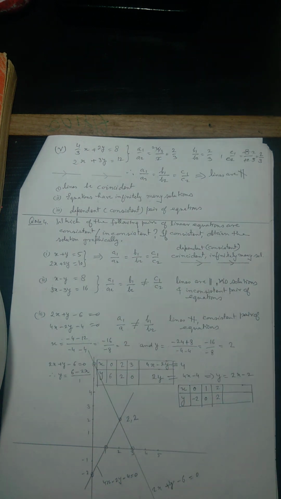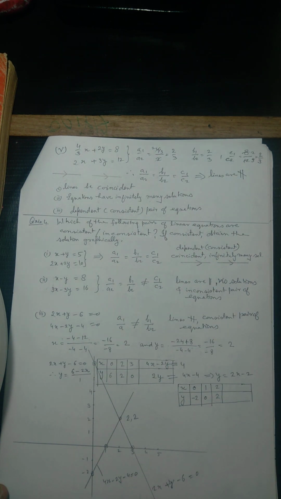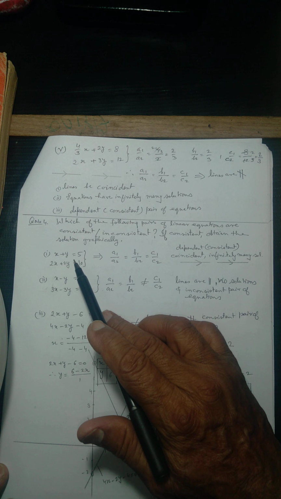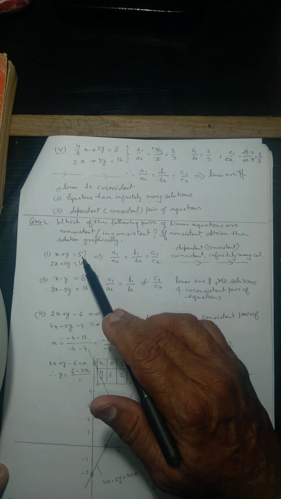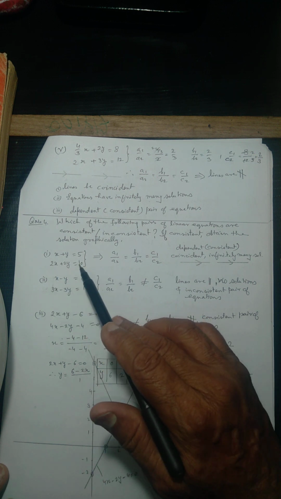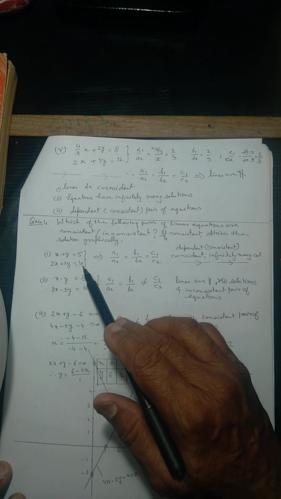Now proceed to question number 4. Which of the following pairs of linear equations are consistent, inconsistent? If consistent, obtain the solution graphically. You see, first question is x plus y is equal to 5, 2x plus 2y is equal to 10.